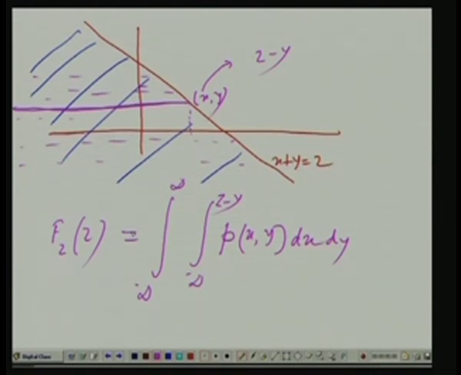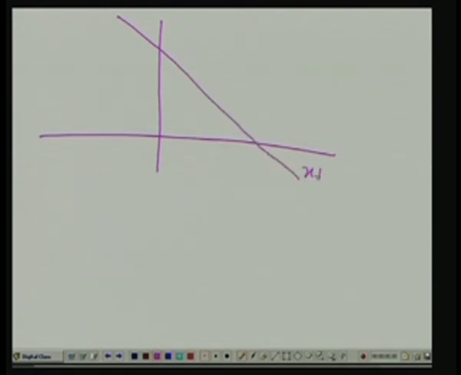How about the probability density? For probability density, I have this basic line given, this is for x plus y is equal to z, and then I take another line, this is for x plus y is equal to z plus dz.